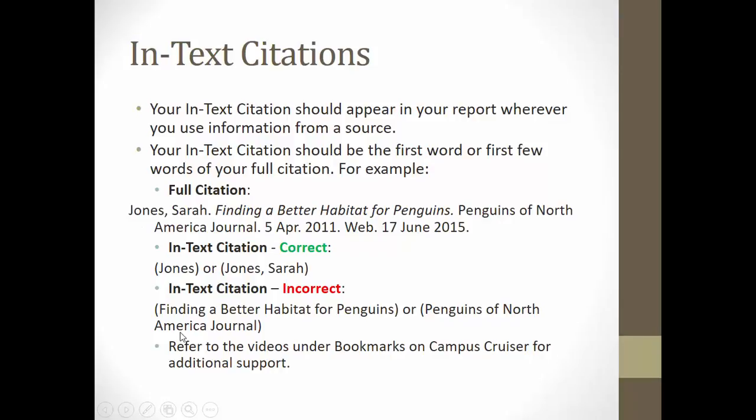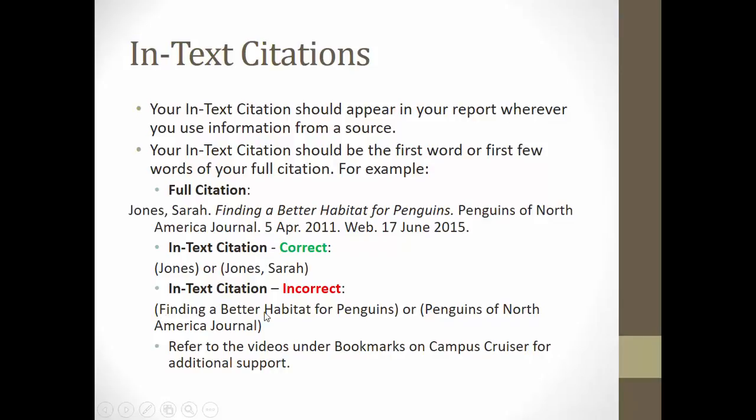Now, it would be incorrect if you included anything else in this citation that is not how the full citation begins. So, for example, let's say you put as your in-text citation, Finding a better habitat for penguins. Well, that's not how the citation begins.